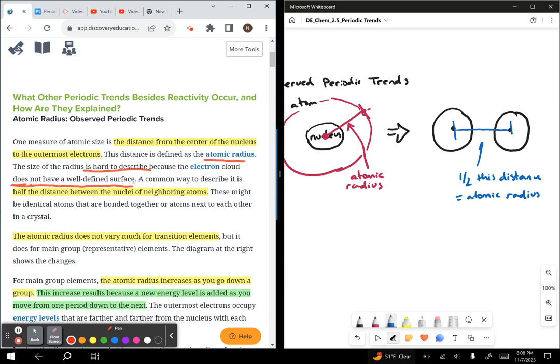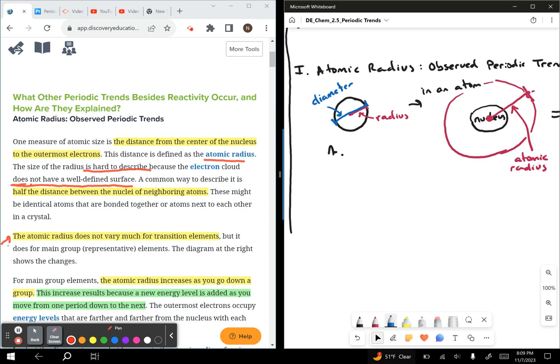Now I'm drawing your attention to paragraph number 2, right here: the atomic radius does not vary much for transition elements. Let's put a little note there to ourselves.